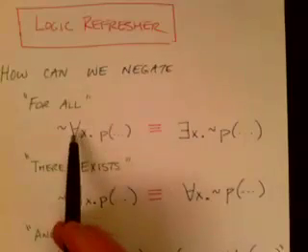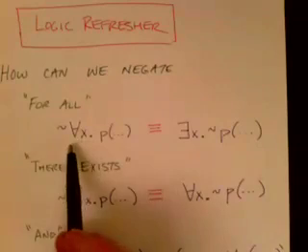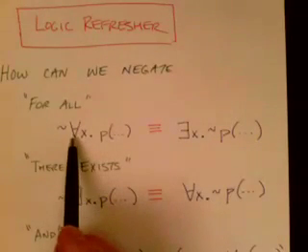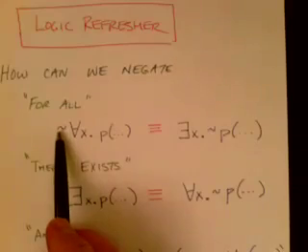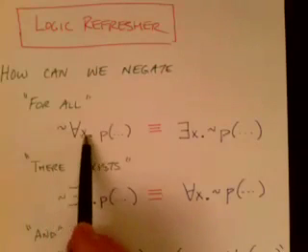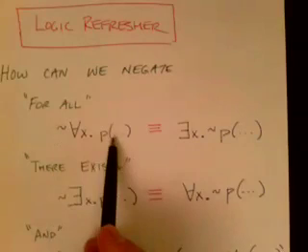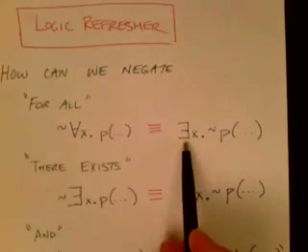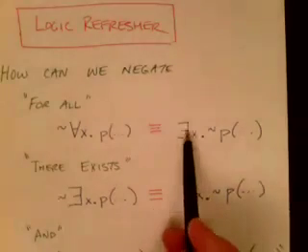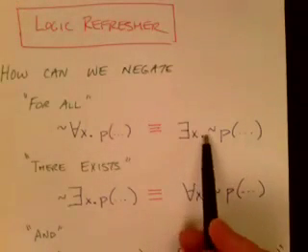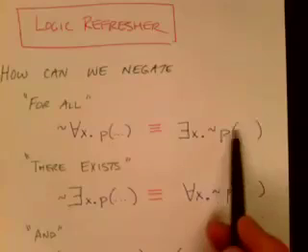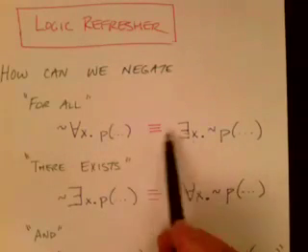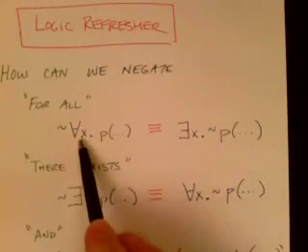Here is a statement in predicate logic. This is the for all symbol. So we're saying it's not the case that for all x something holds. And this is the existential quantifier. And it says there exists an x such that this condition does not hold. So we have the existential quantifier and the universal quantifier.